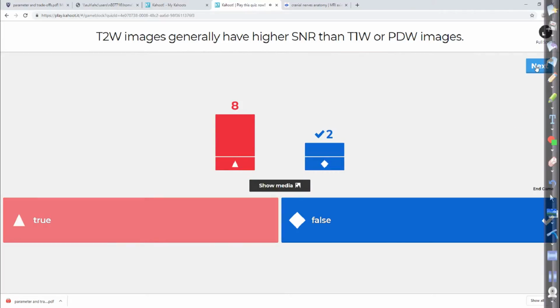It's false because T2 weighted have longer TEs than T1 and proton density.